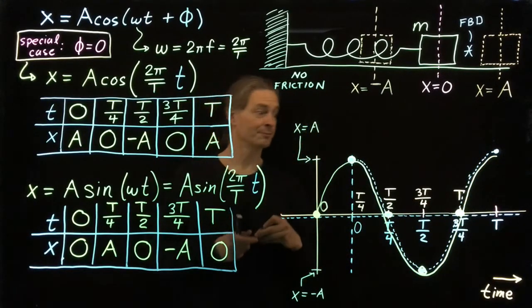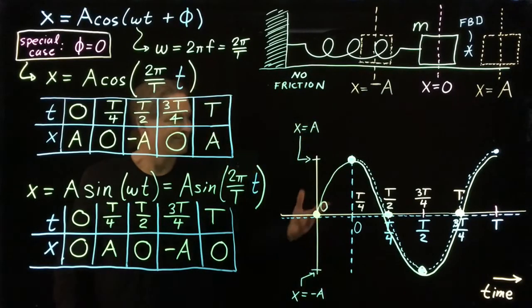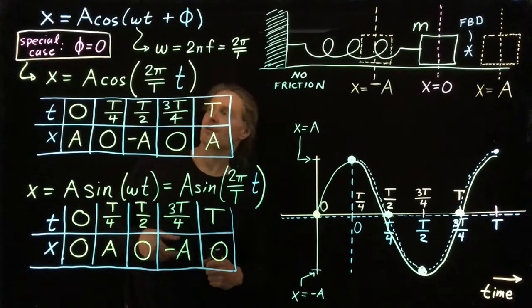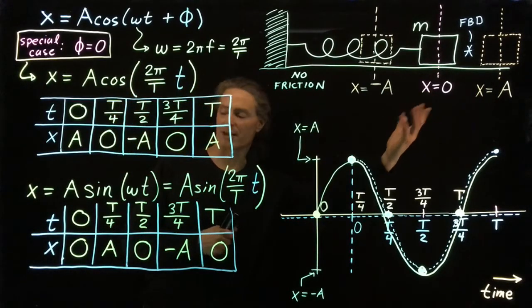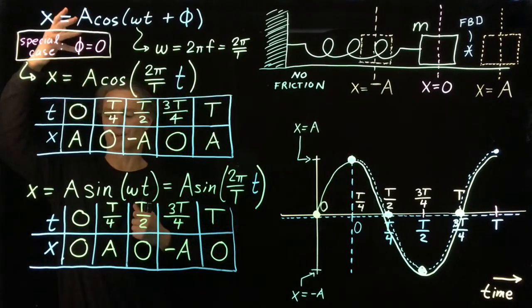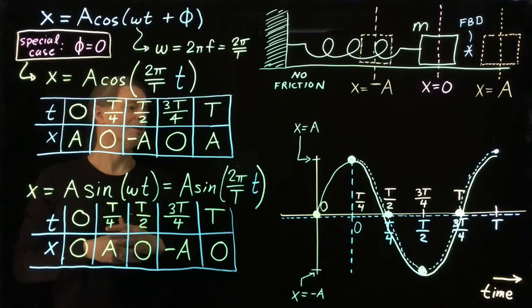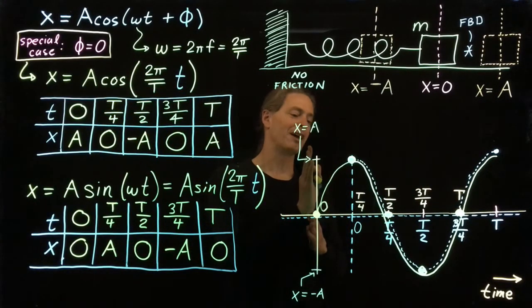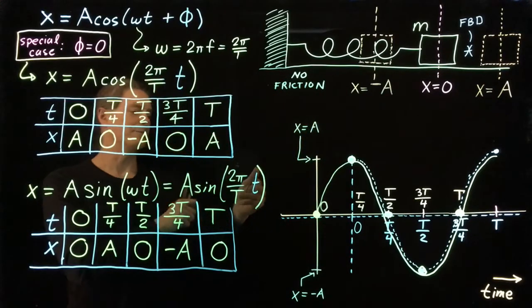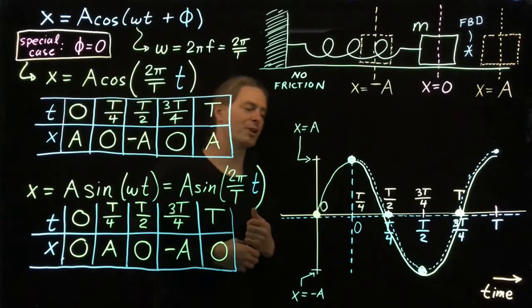There we go. So you can represent the position as a function of time for a system in simple harmonic motion with a cosine function or a sine function. Now, what I've done here is I've shifted the axes, but if you wanted to use the same set of axes, then you could shift the argument by a quarter of a period.